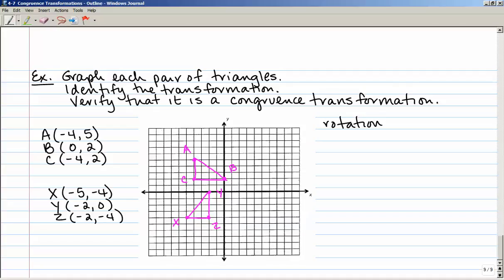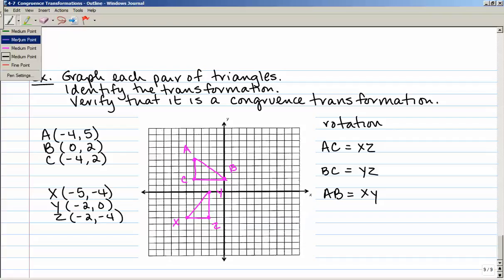Now, to confirm that it is a congruence transformation, I have to show that AC is the same length as XZ. I have to show that BC is the same length as YZ, and that AB is the same length as XY.